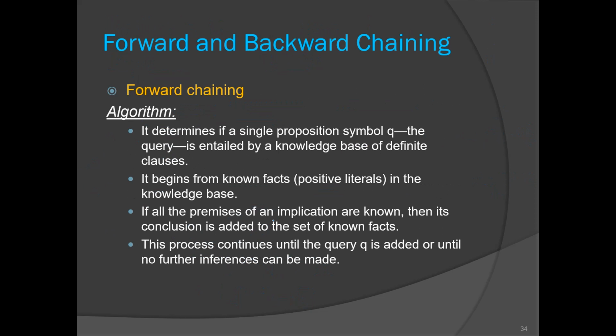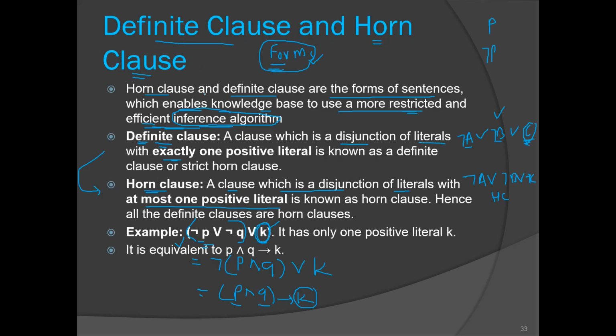Now we are going to study these two algorithms, forward chaining and backward chaining, and for applying these, all your sentences should be in horn clause. That is the primary requirement. That's why we studied definite clause and horn clause.